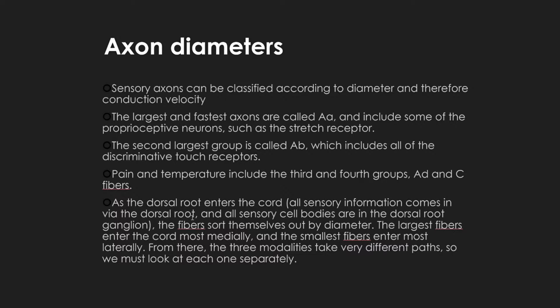Once they enter the spinal column via the dorsal root to the posterior horn, the fibers start sorting themselves out by diameter: the largest enter the cord most medially, while the smallest enter most laterally. And from here, these 3 modalities, these 3 sensation types and tracts, take very different paths. So we need to look at each one separately.